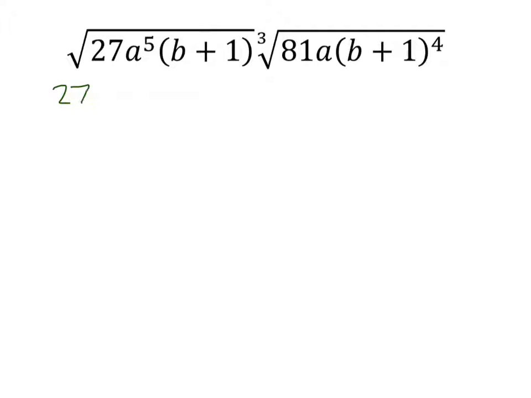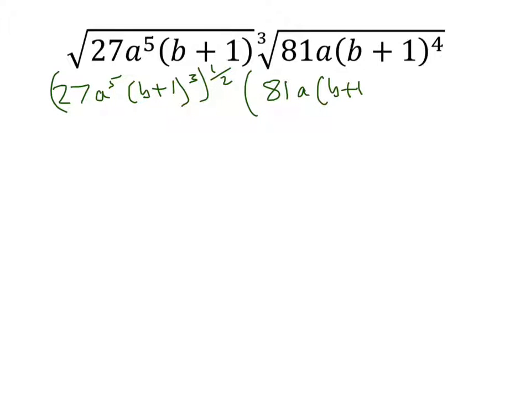So we got 27, a to the 5th, and then we've got b plus 1 cubed. Now, you might want to pause the video and try this yourself and come back and check it, but we'll roll right through here. A, b plus 1 to the 1/3, all right? And let's apply that power to each of these.